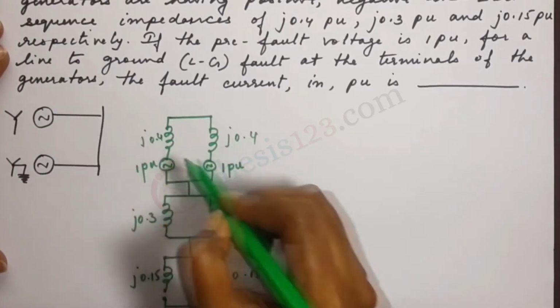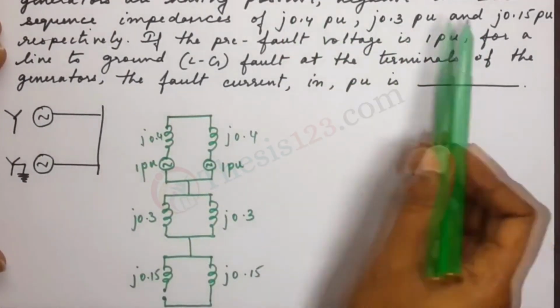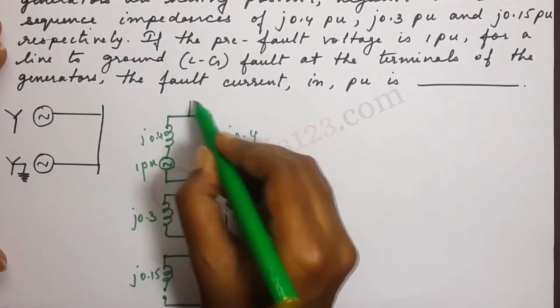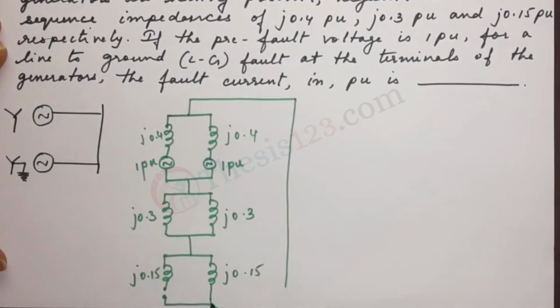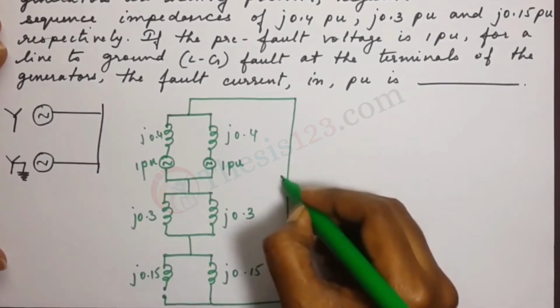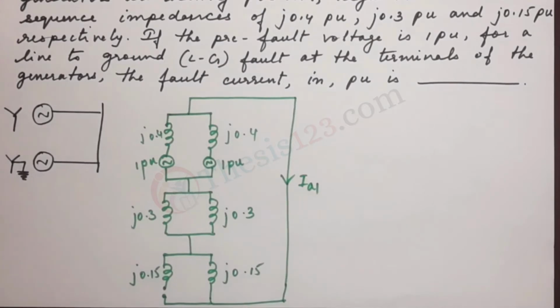This is also j0.4. Okay, so we have written down the positive, negative and zero sequence impedances, and let's call the current that passes through here IA1. Alright, so this is what we have.